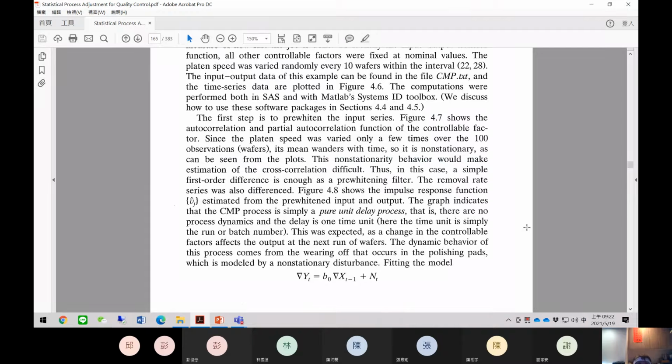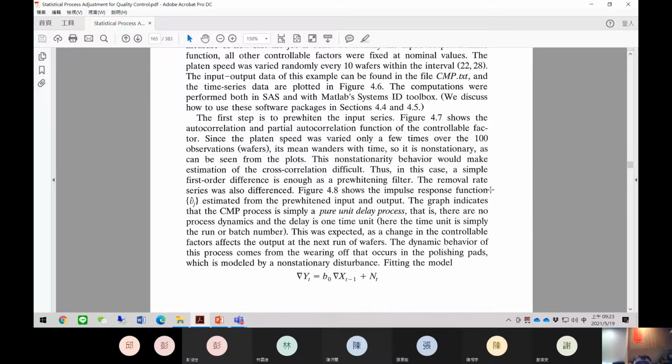For the removal rate, in this case a simple first-order difference is good enough as a pre-whitening filter. So the removal rate series was also differenced one time.